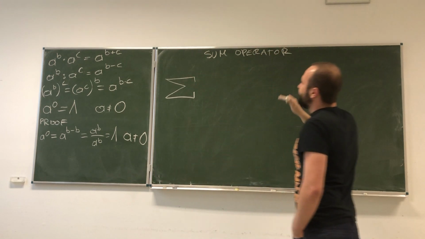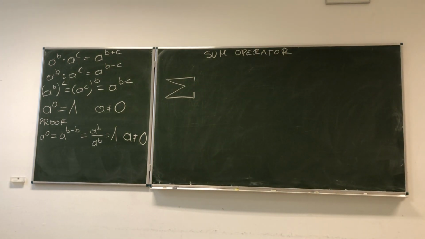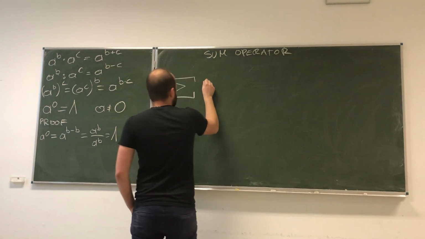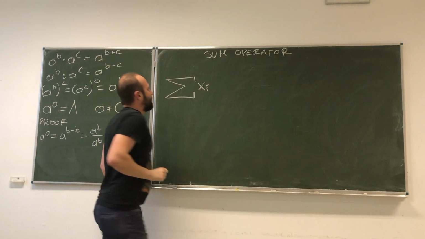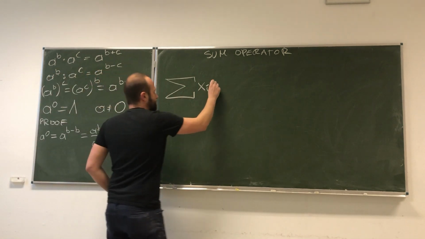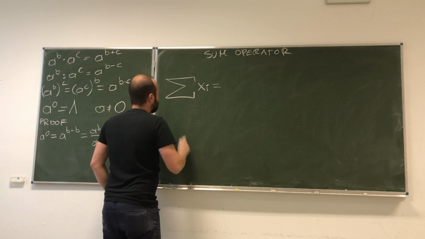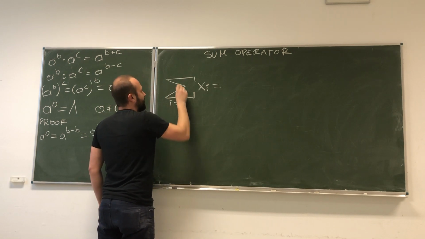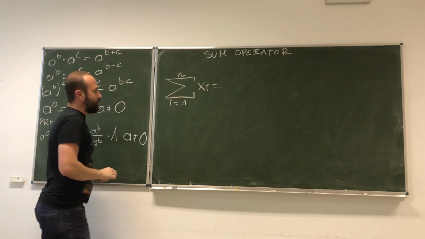Look, when we see this symbol, it basically tells us to add up all the elements. But exactly which elements? Well, we will add up elements indexed by i, and this i appears over here, and we will have some n at the top.